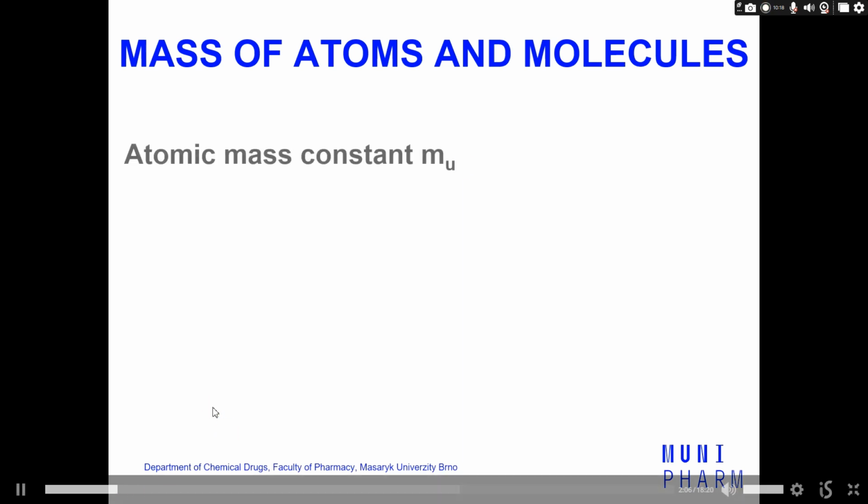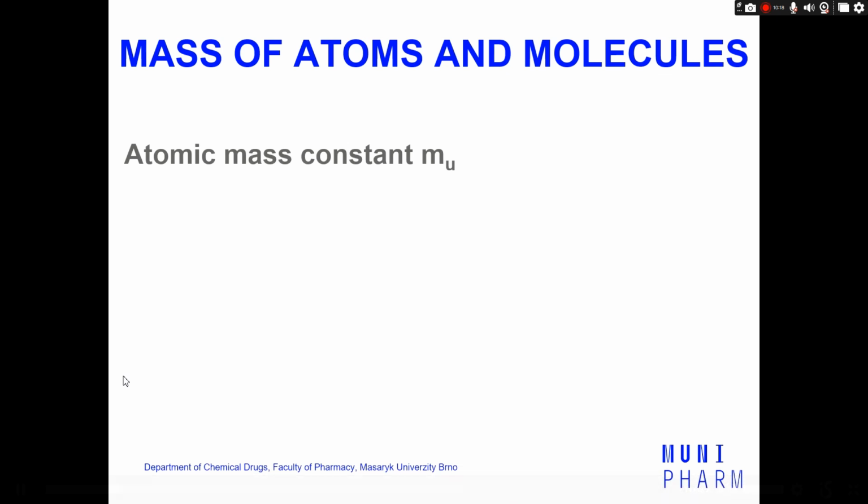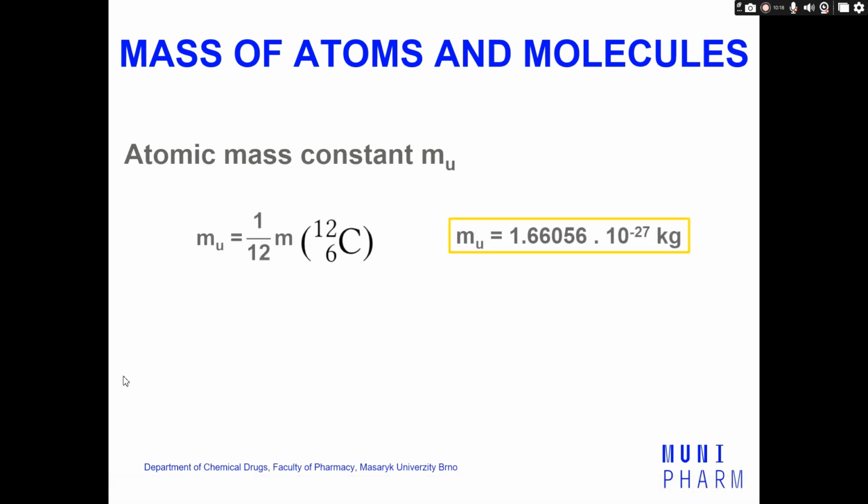The first is the atomic mass unit, mu. It is defined as 1/12 of the mass of the carbon nuclide C-12. Numerically, the value of the atomic mass unit is 1.66 × 10^-27 kilograms.